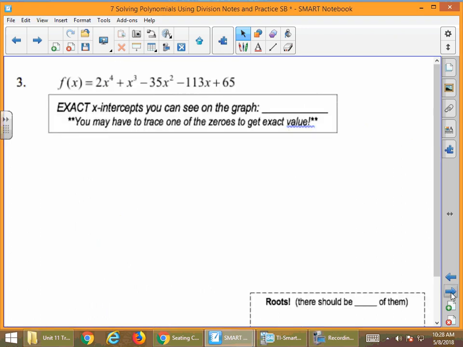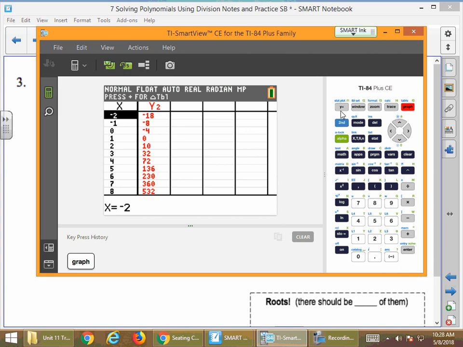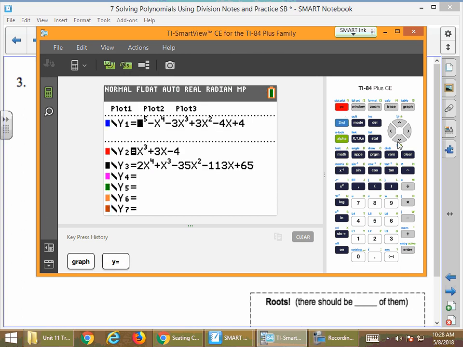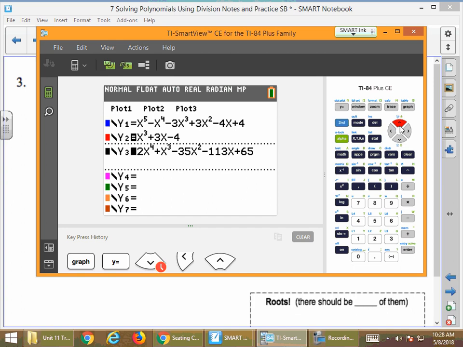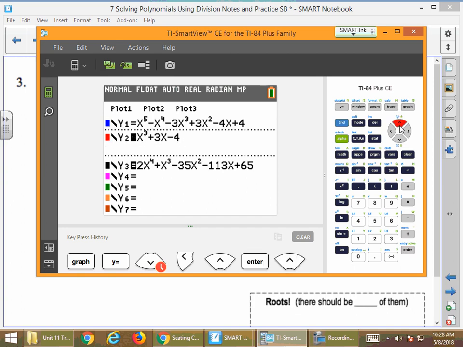But we kind of have, at least, the routine of solving polynomials on this. And we're going to start off here by typing in our calculator. I don't think that this one can be factored. So we come back over here to our screen, and we're going to turn this one on and turn this one off.